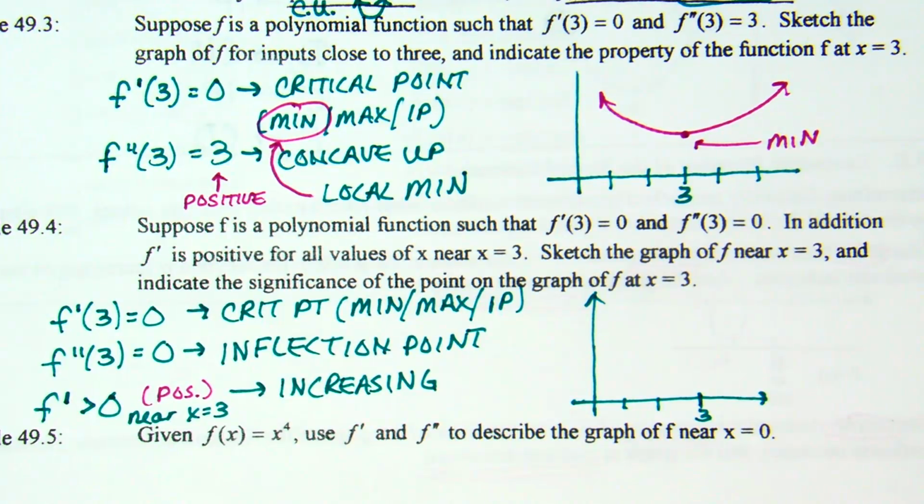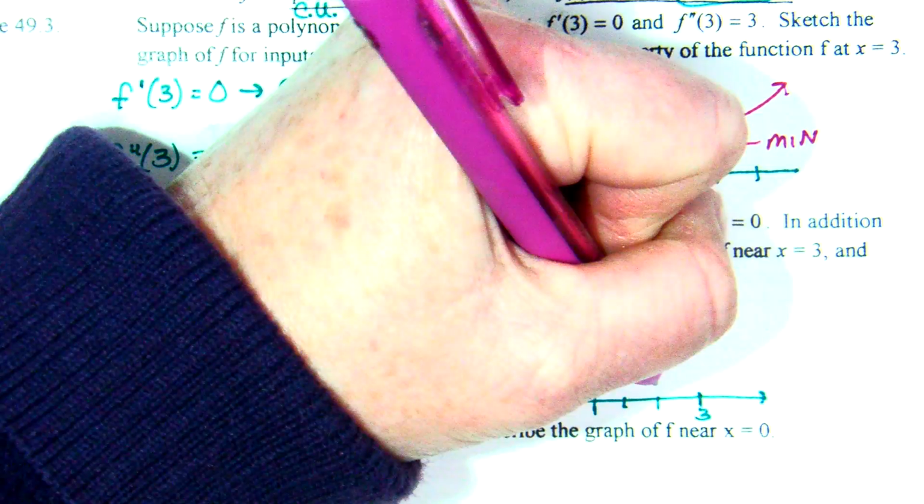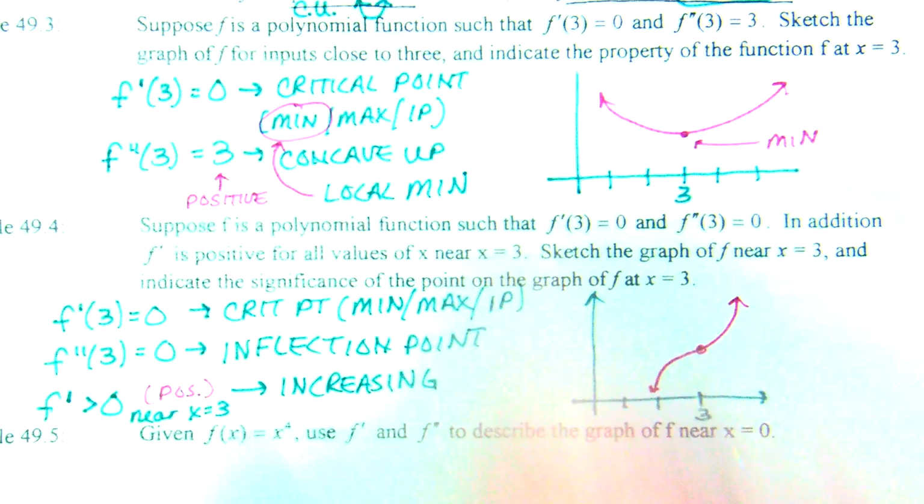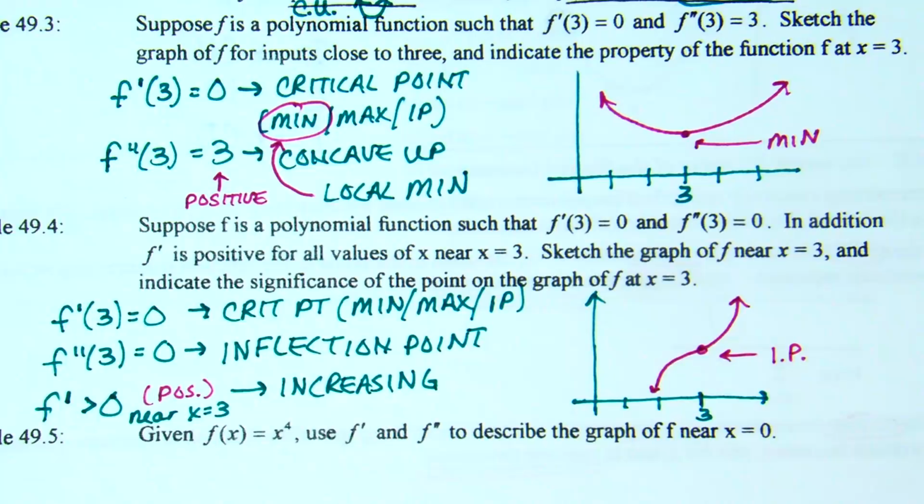And again, we don't know where this is drawn in relation to up, down, whatever. We don't have that information. But we know that our inflection point is happening at 3. Okay? So inflection point. Important to be able to decipher all this information. I'll be honest, it takes me a moment to sometimes process it all when I'm first putting it together.